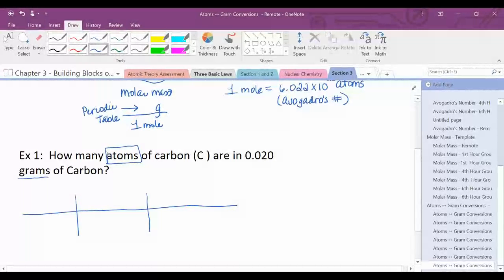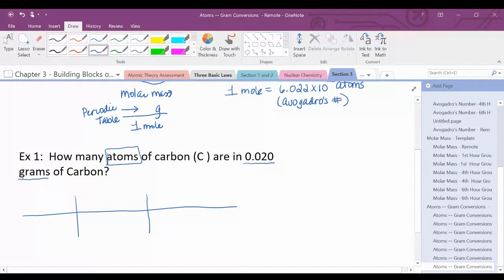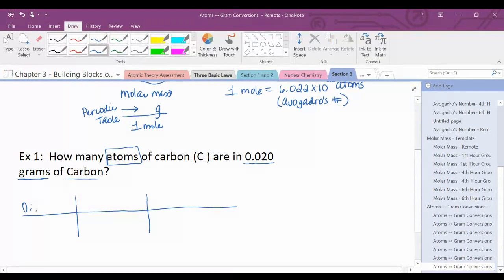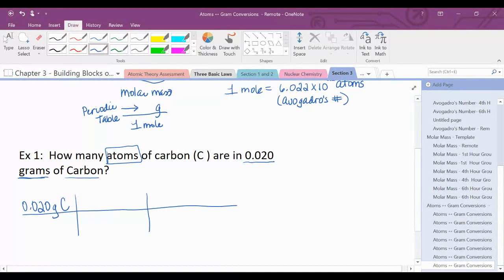What we're going to put in the first box is our given. The given has a number, a unit, and a substance. Underneath that, we can choose to leave it blank or put our placeholder 1. We're going to use units to set it up.